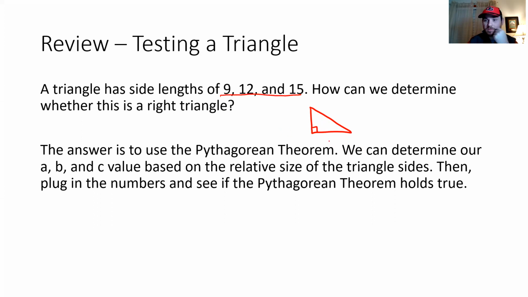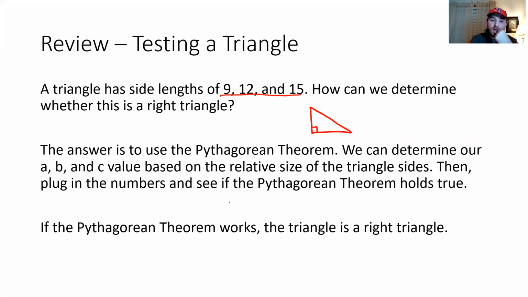We can still determine whether it's a right triangle by plugging the numbers into the Pythagorean theorem and testing them. So if the Pythagorean theorem works, the triangle is a right triangle. So this would have been like the fullest answer you could have possibly given to question 2 on that test from yesterday. Like I said, this will probably show up again on the test that we're going to take later this week. So let's go ahead and test it with these numbers.